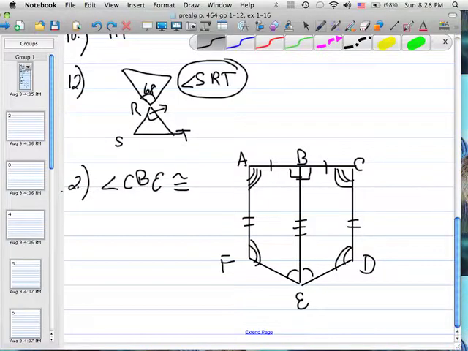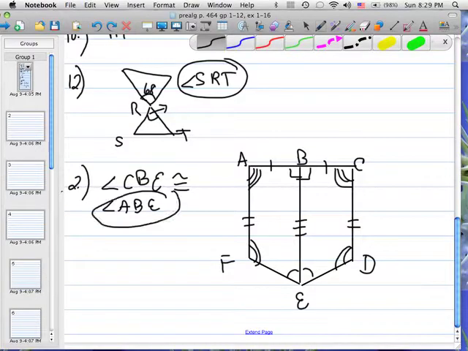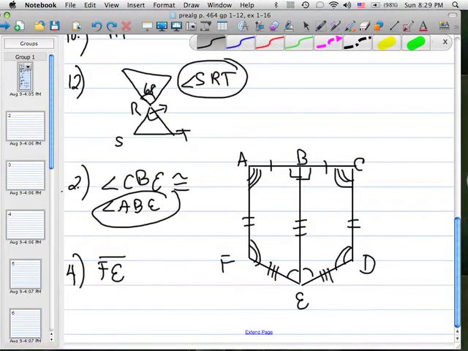So problem number 2, angle CBE is congruent to the other right angle, ABE. Number 4, line segment FE has 3 marks on it, and it is congruent to line segment DE, which also has 3 marks.